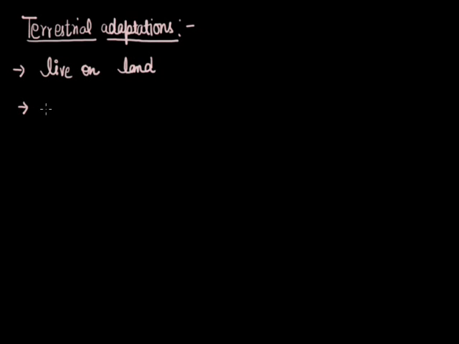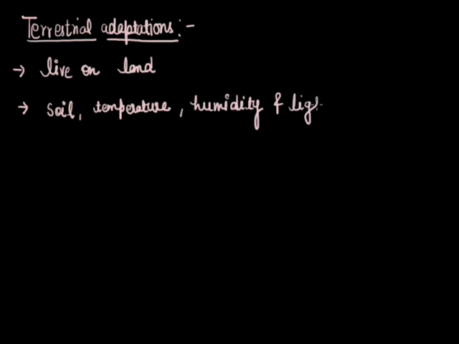Land provides a vast variety of physical factors such as soil, temperature, humidity, and light, etc. Unlike water bodies, habitat on land becomes discontinuous as it is interrupted by streams, rivers, oceans, mountains.